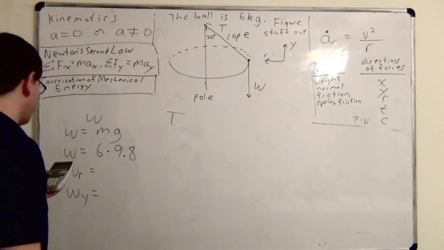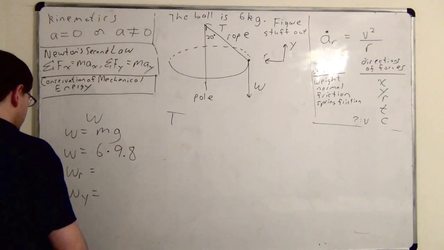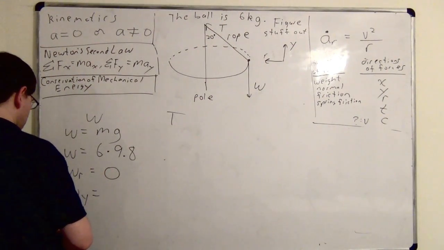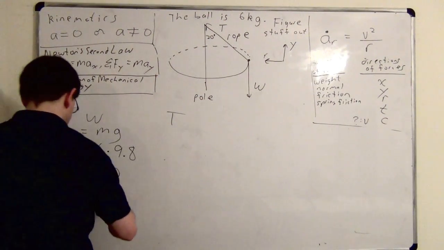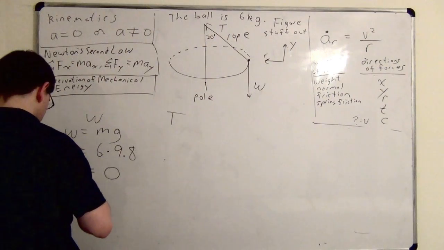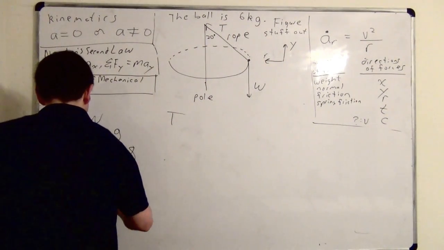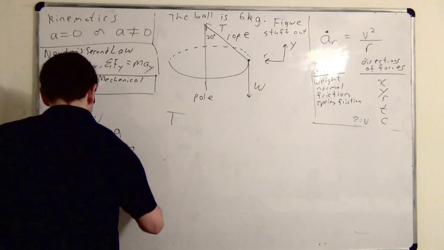So what's the radial component and the y component? The radial component is 0, and the y component is negative 58.8 newtons. Sorry, negative. Yeah.